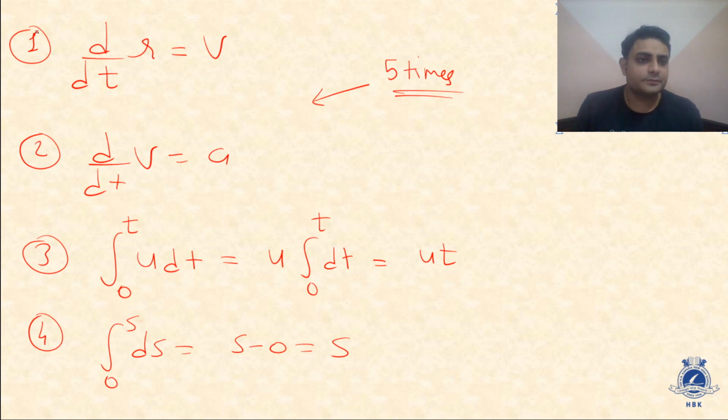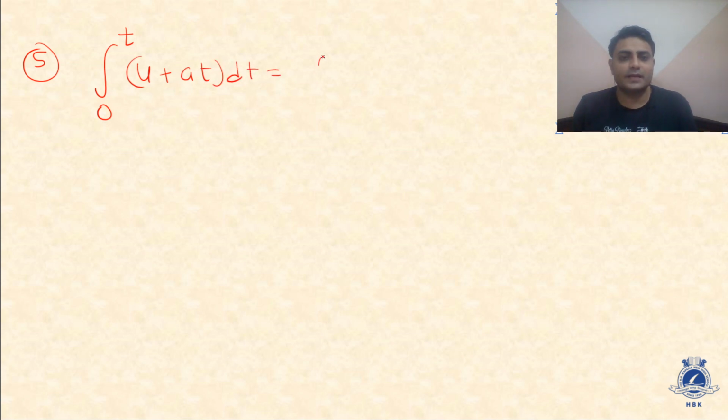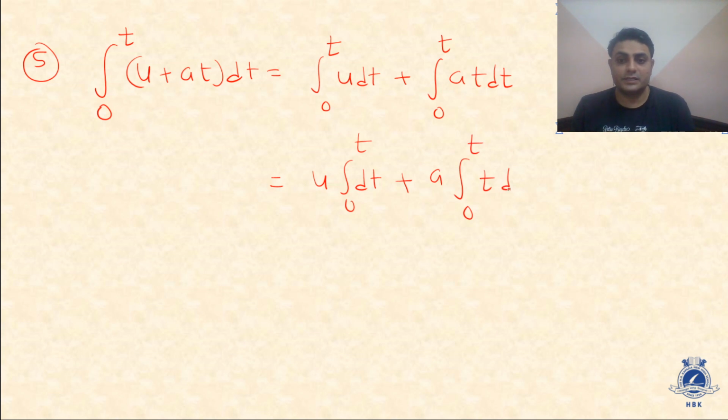The list is not yet over, it will continue. Number 5, if you are given an integral like this, integration 0 to t of u plus at dt, then you have to open the bracket. By opening the bracket we'll get integration 0 to t u dt plus integration 0 to t at dt. u is a constant, therefore it will come out, 0 to t dt, plus here acceleration is constant. u is a constant and a also is a constant.